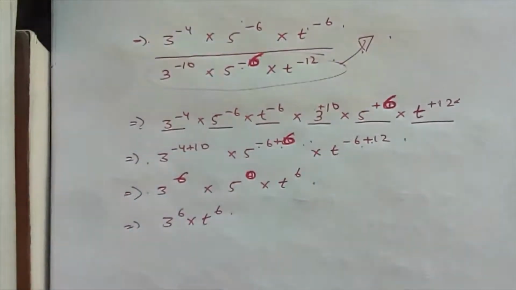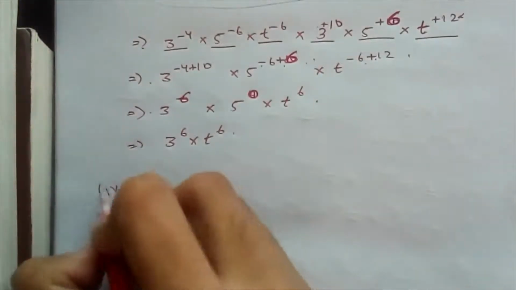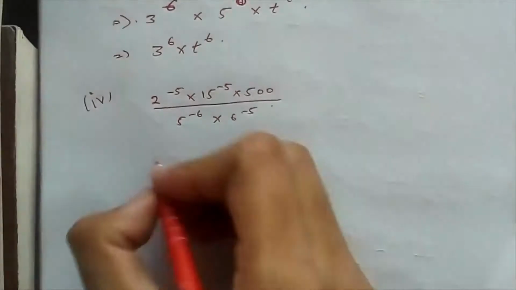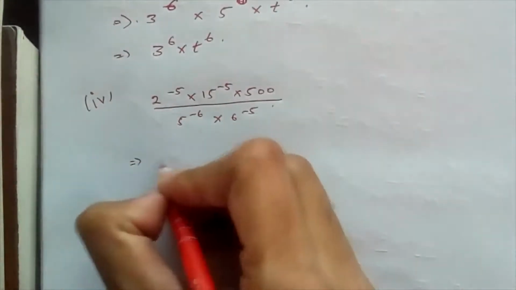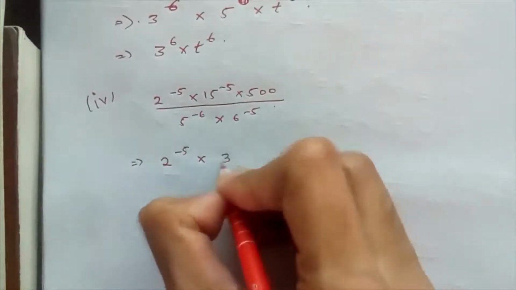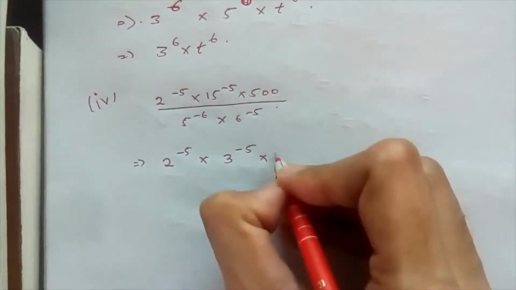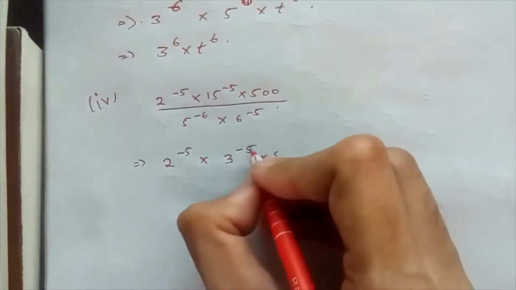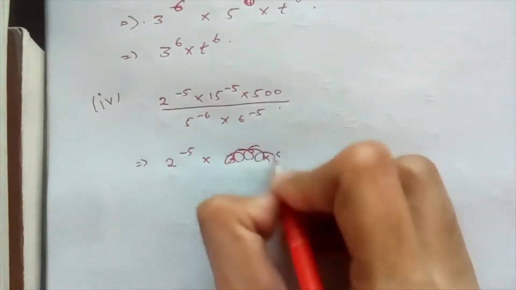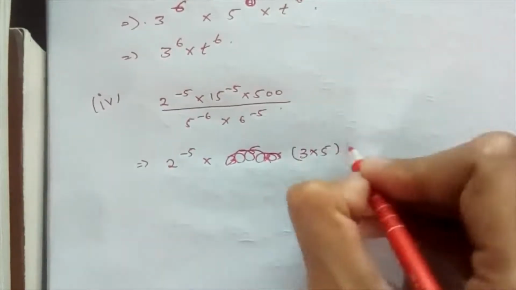Let's quickly move to the next part, that is the fourth and the last part of this question. So let's quickly solve the last part. We could write it as 3 to the power minus 5 into 5, 3 to the power minus 5. Let's simply explain. 3 into 5 is 15 to the power minus 5.